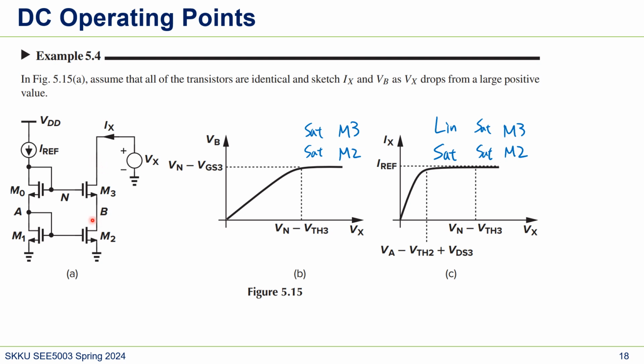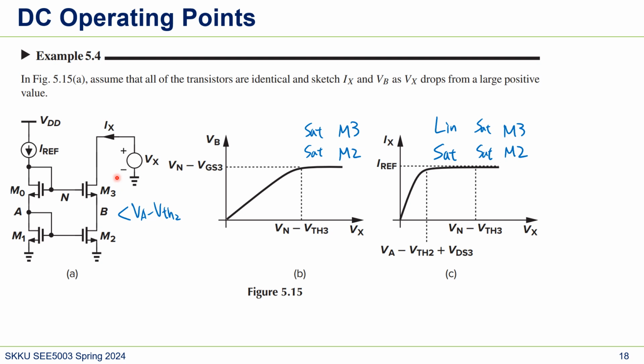And we can think of it the other way too. Let's say M2 will go linear first. That means this VB will be smaller than VA minus VTH2. So if that voltage goes low, then it goes to linear, right?